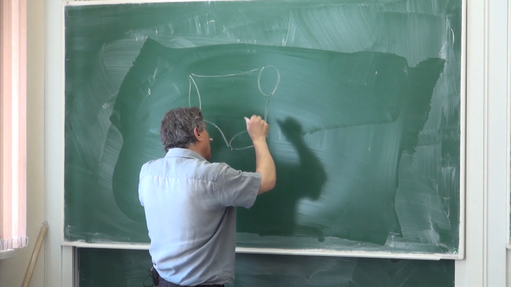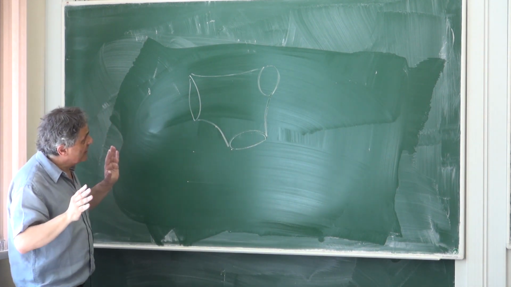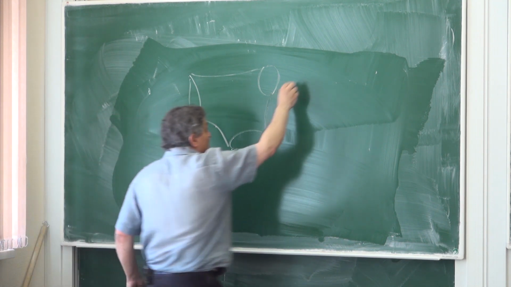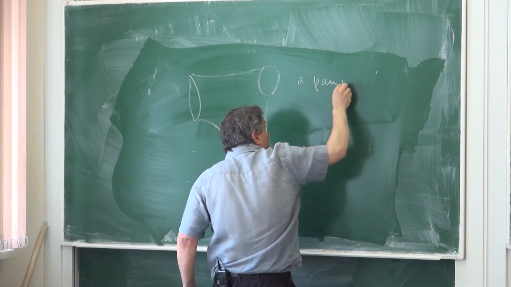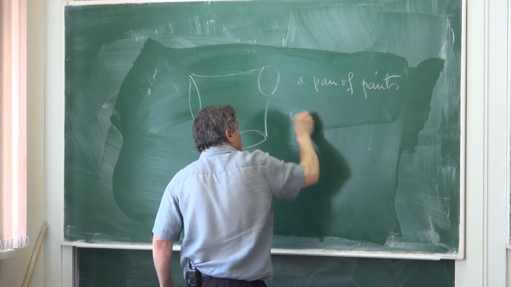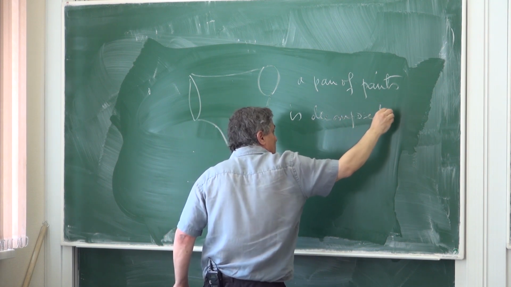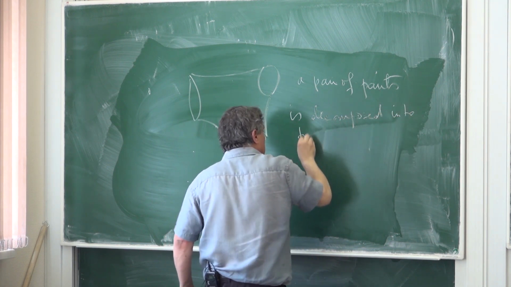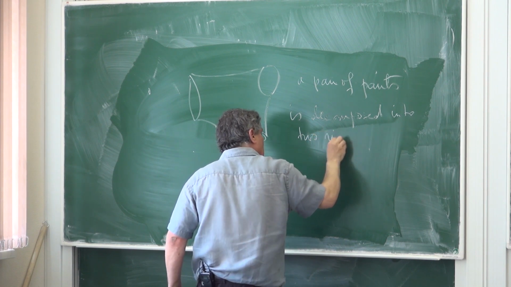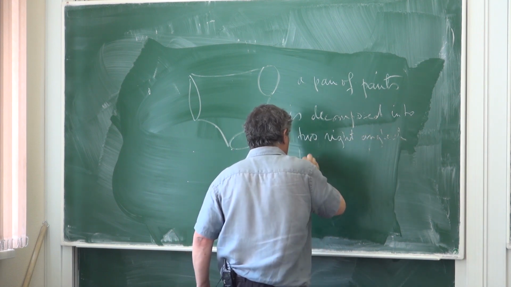So we know how to decompose a pair of pants into two ideal triangles, but there's this more classical fact that a pair of pants is decomposed into two right-angled hexagons, and this will be very important.